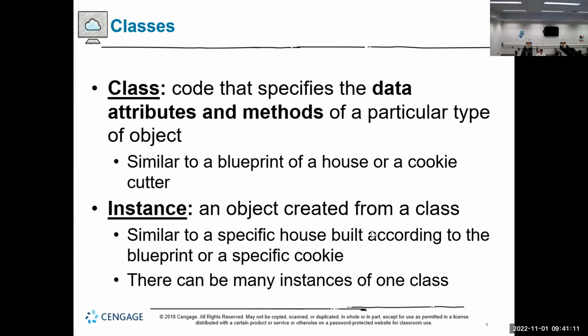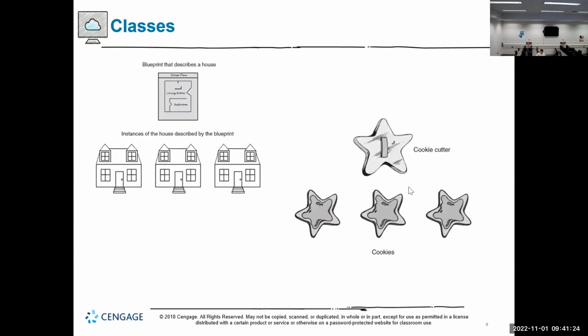And there can be many instances from one class. That makes it simple, right? When you define the class, you can use that code to generate multiple instances. It's very straightforward when you want to understand the class and instance here. You can think about the cookie cutter here.